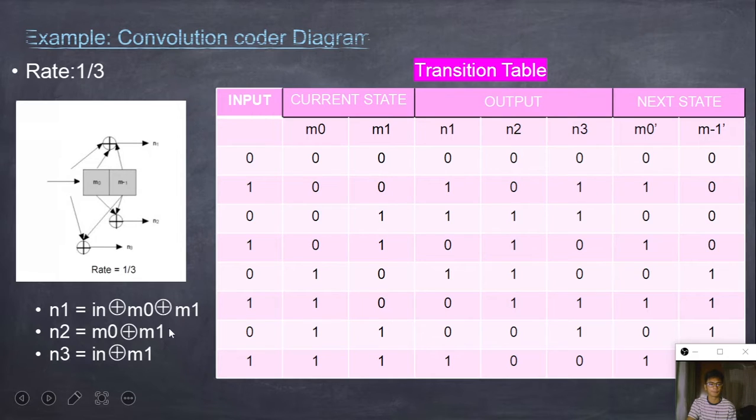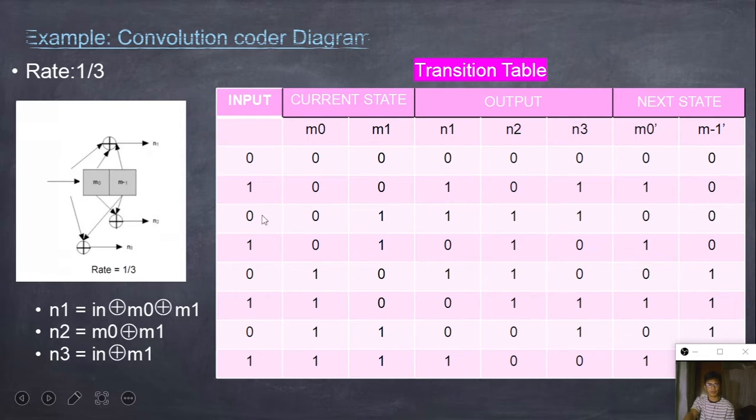For N3, input is 1 XOR M1 is 0, so the output of N3 is 1. For the next state, the value of input, which is 1, is transferred to M0, and the value of M0, which is 0, is transferred to M1. So the next state is 1 and 0.